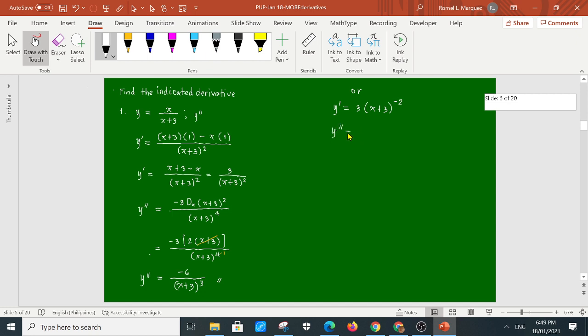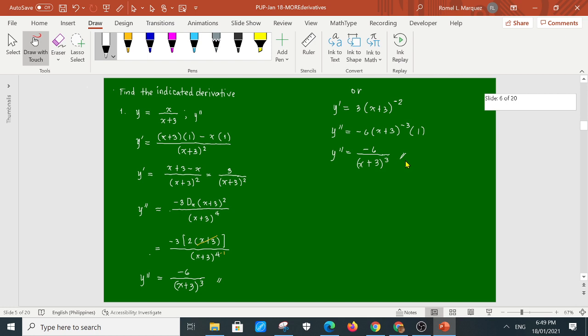We can get the derivative by applying the general power rule, multiplied by the 3. Negative 2 times 3, negative 6. Copy the base. Subtract 1 from the exponent, negative 3. Get the derivative of the base. And that is equal to negative 6 all over x plus 3 quantity cubed. See? We get the same result.